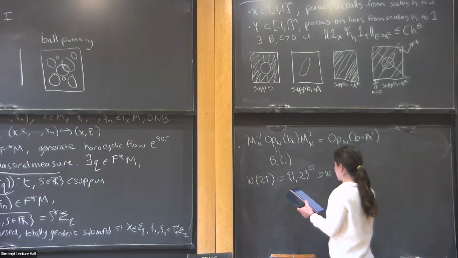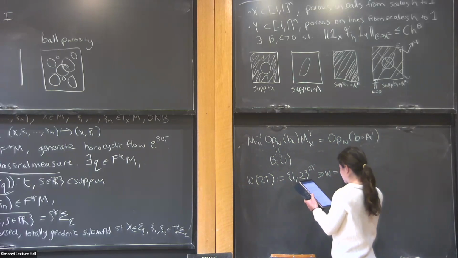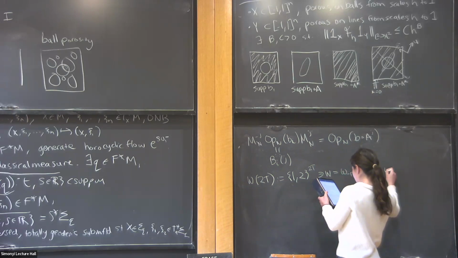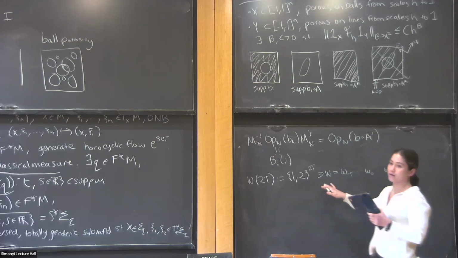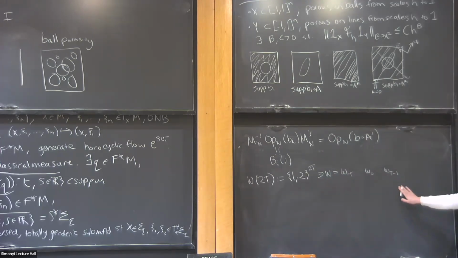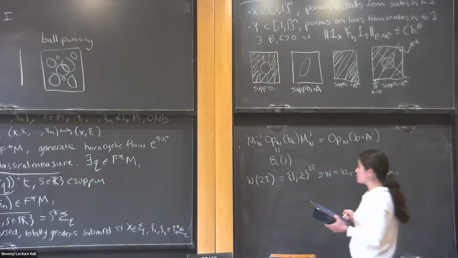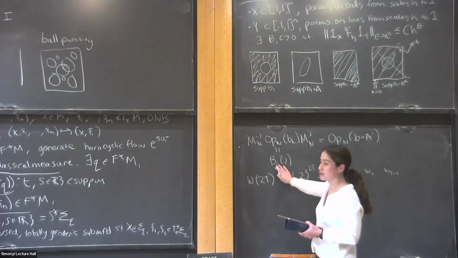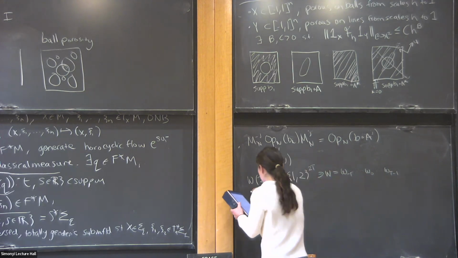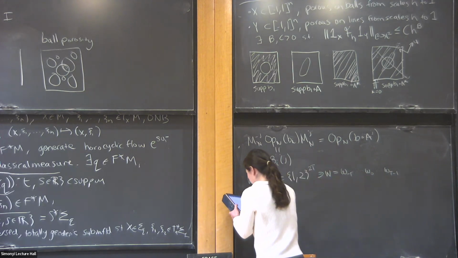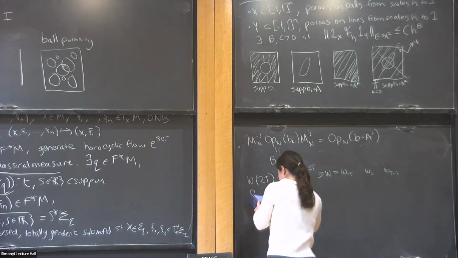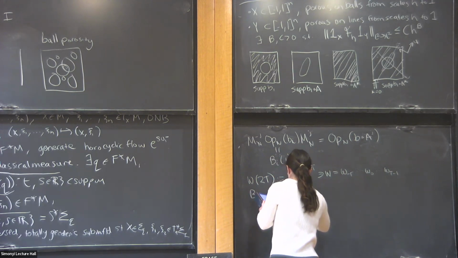If W is a word of length 2t, we can write it as the following. Each of these letters is either going to be a 1 or a 2. Then we can use this concept of words to have an easy way to compose these operators with each other. So I'll define B_W to be the composition of operators given by the words.